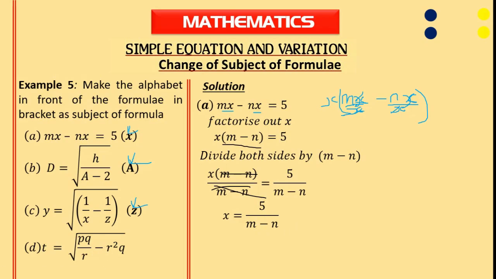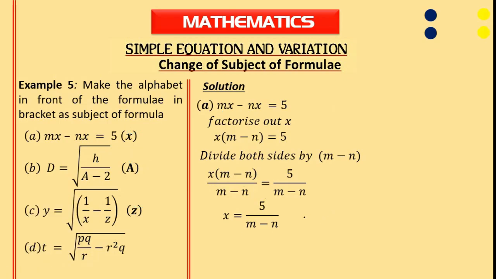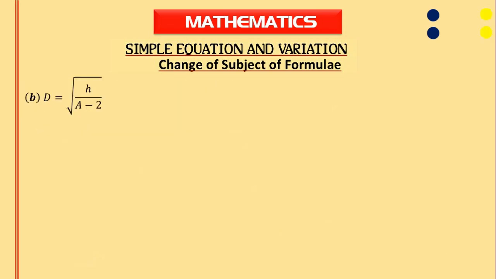Okay? So, we can then go ahead and solve the second question. Now, let's take a look at the second question here. We want to make A the subject of the formula.